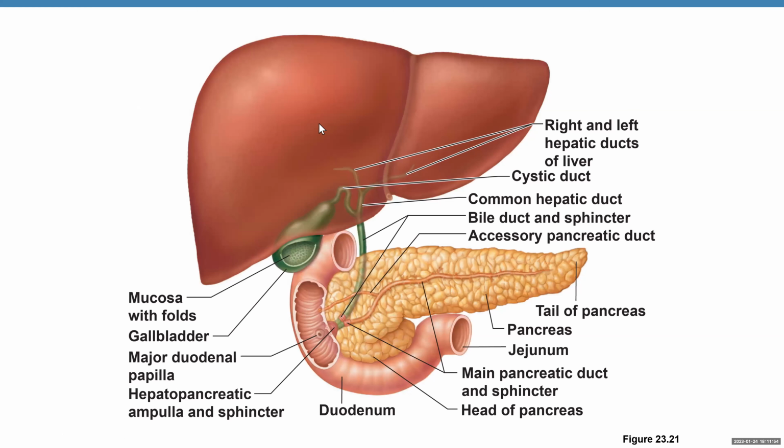So you can see the liver over here and some associated structures such as the gallbladder, and different ducts that we will discuss in a minute that carry bile to the small intestine. Inferior to the liver, you would find the duodenum, the first part of the small intestine, and the pancreas. That is another accessory organ of the digestive system.